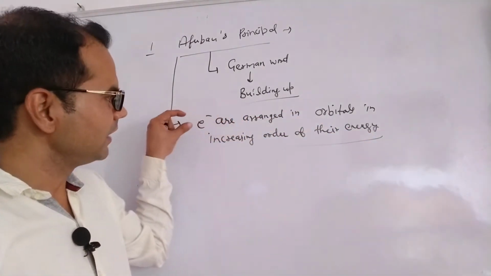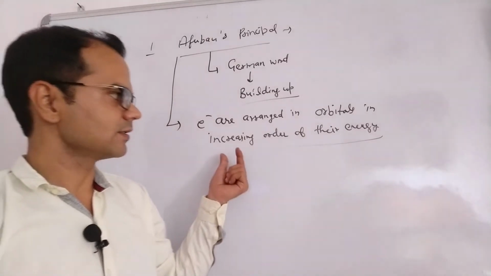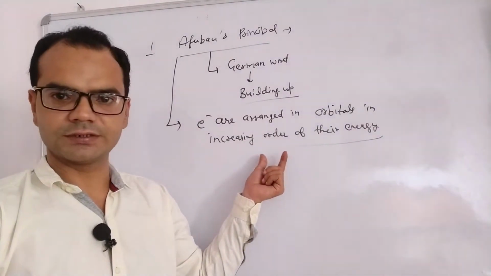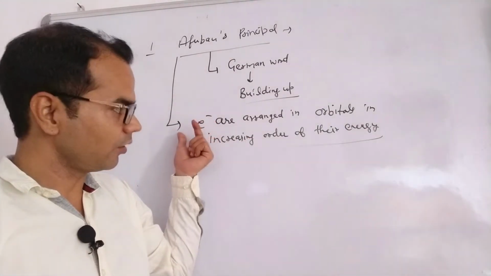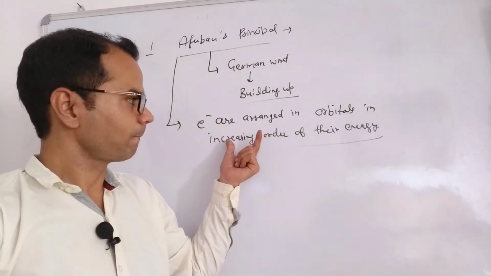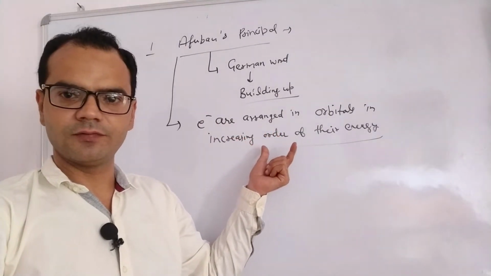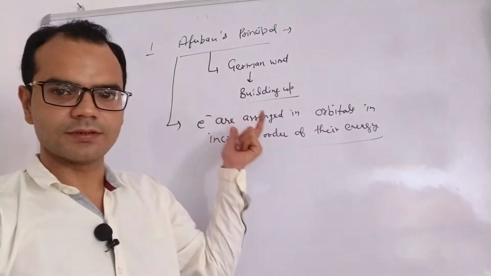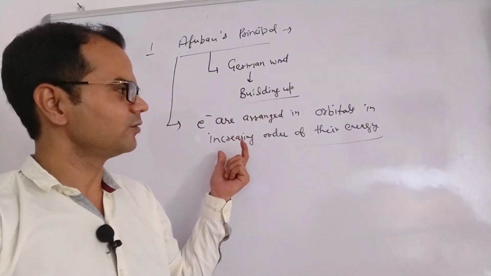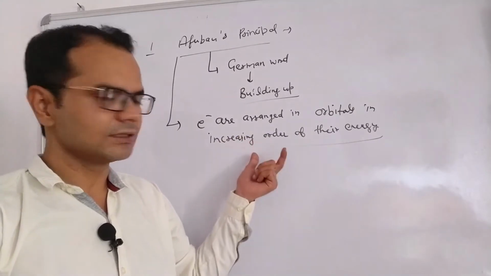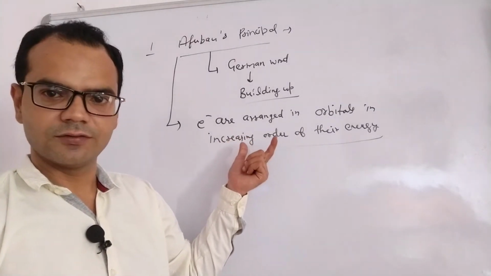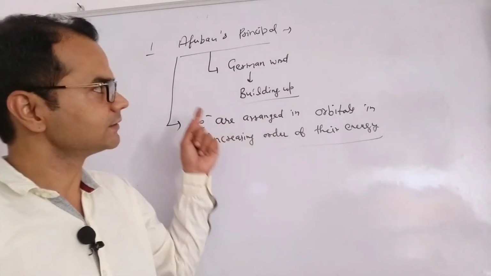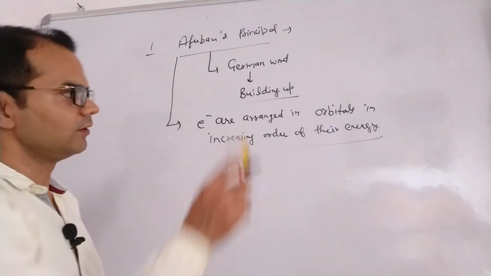Means electron will occupy the space in a lower energy orbital first. That is the Aufbau principle. And how to find out which orbital has the least energy, which has the highest energy? For that we have one more rule, that is the N plus L rule.